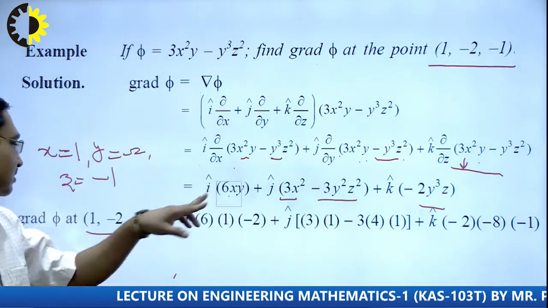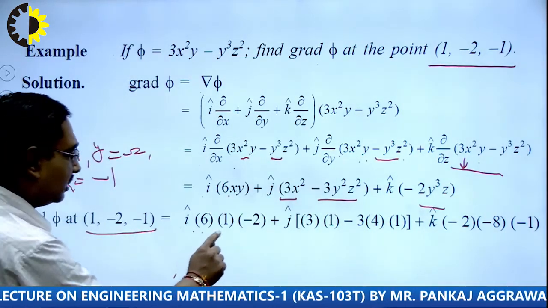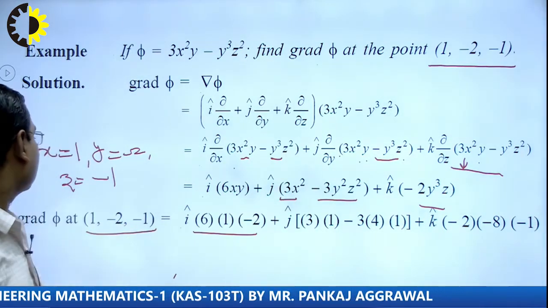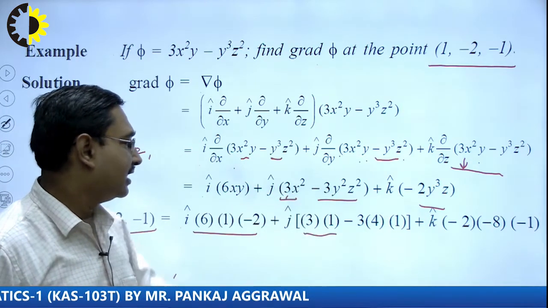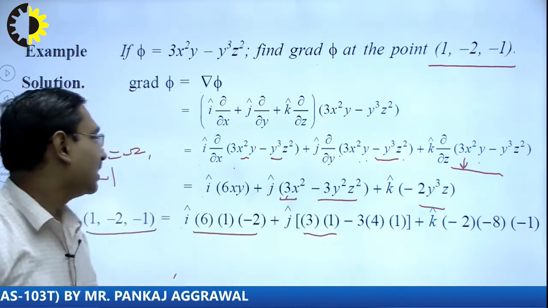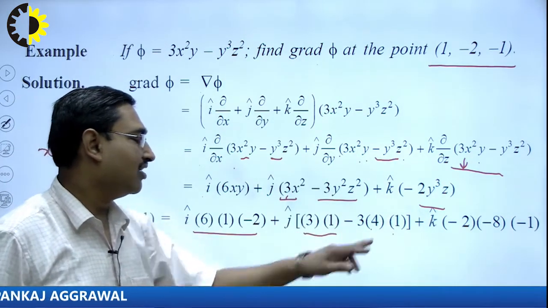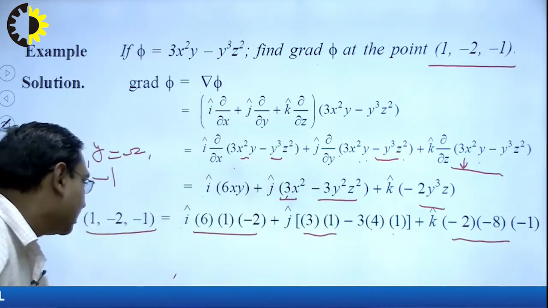Putting x equals 1, y equals -2, this value occurs in place of 6xy. Putting x equals 1, y equals -2, this becomes 3x², that is 3 into 1. 3y² becomes (-2) whole squared, which will be 4, z² will be 1, and similarly the third term. Now this will be simplified.